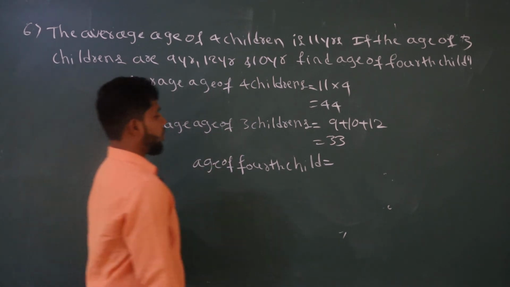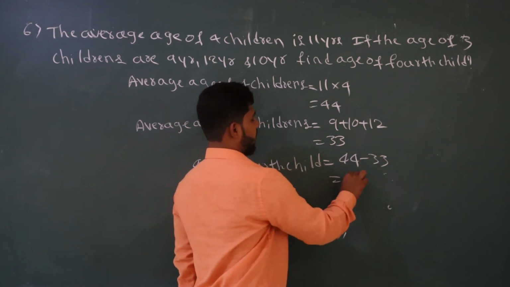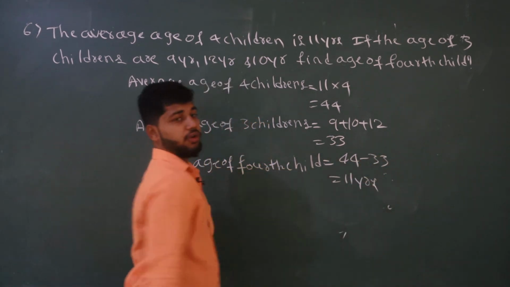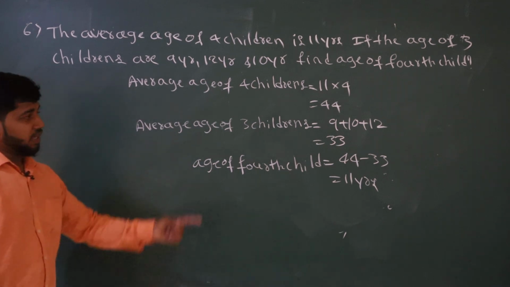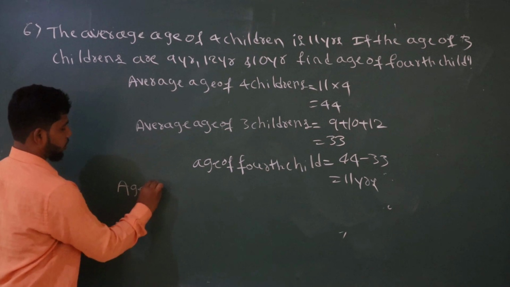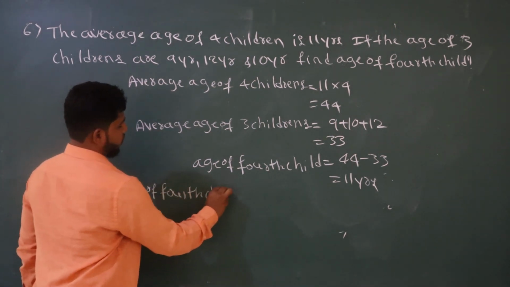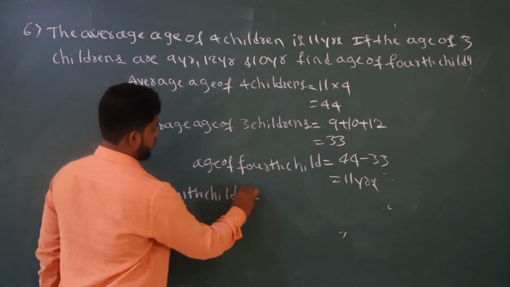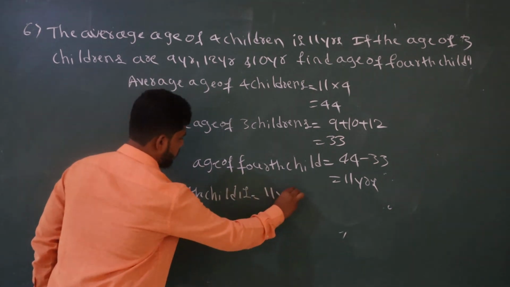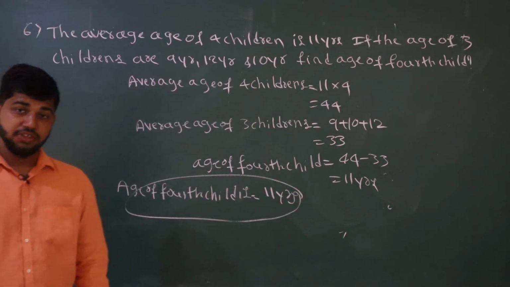Now if you subtract, 44 minus 33 is equal to 11 years. The age of the 4th child is 11 years.